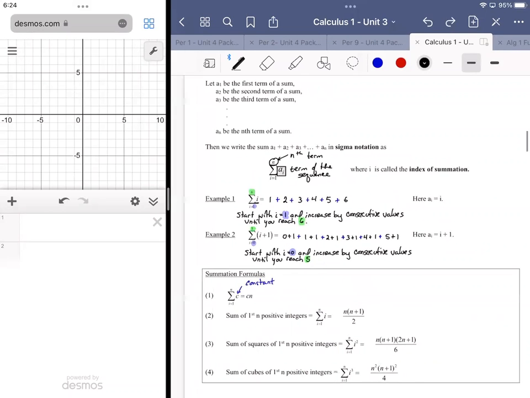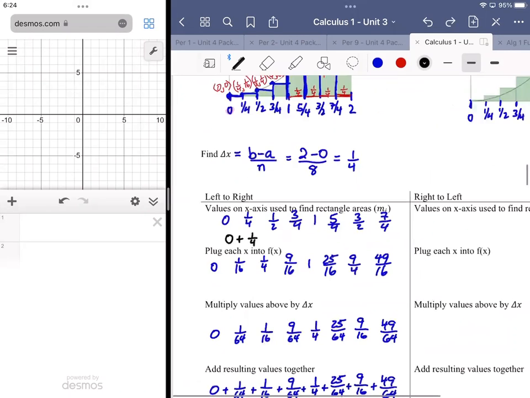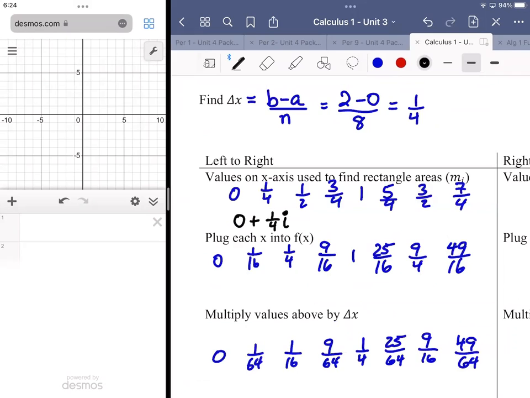What I can say here is 0 plus 1/4 i, where i is going to go from 0 to, well, this is going to be 0i, 1i, 2i. So 2 times 1/4, which is 1/2. 3 times 1/4, so 3 goes in for i, which makes it 3/4. 4 goes in for i, which makes it 4/4. 5, 6, all the way up to 7.